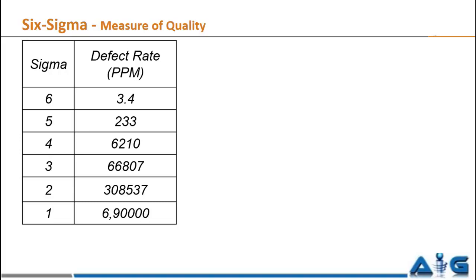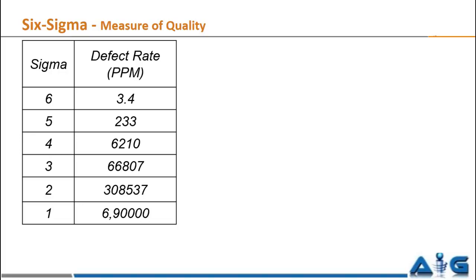While a business process at 2 sigma will do 3,08,537 defects, and a process working at 6 sigma is supposed to be doing 3.4 defects in a million opportunities. 3.4 in a million is near perfect.